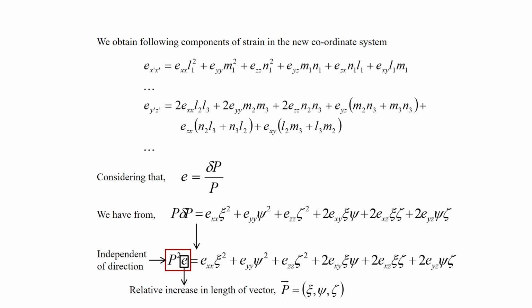So, here we can see that P square E is equal to, where E is equal to delta P by P, and E is the normal strain. There is a relative increase in the length of this vector with respect to this vector. So, this left hand side can be written as P square into E, where E is the relative increase in the length of the vector.